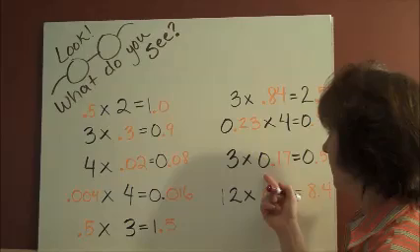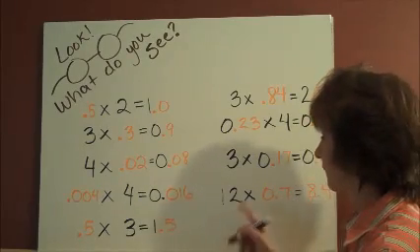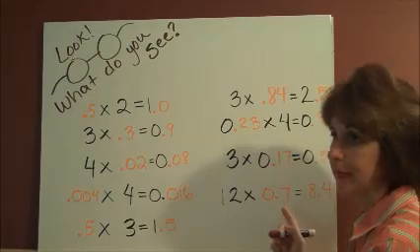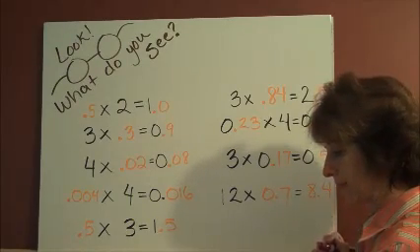And 3 times 17 hundredths is 51 hundredths. 12 times 7/10 is 8 and 4/10.